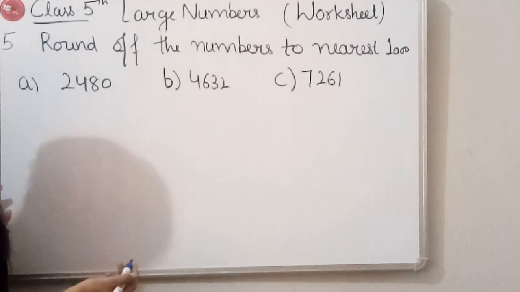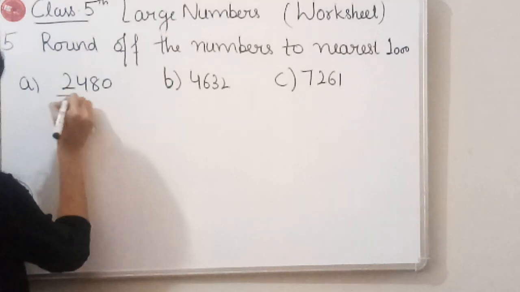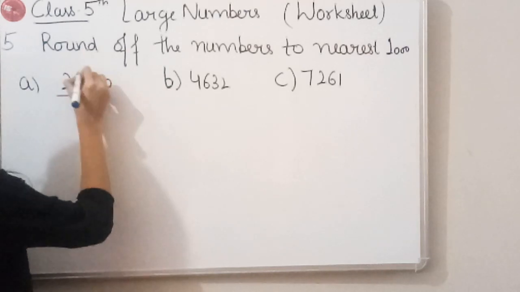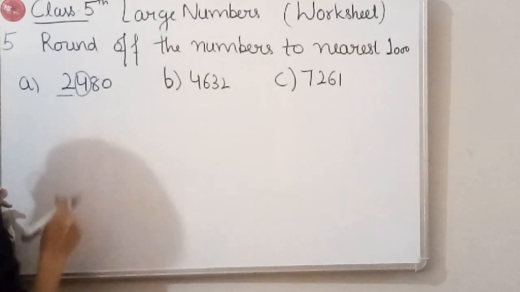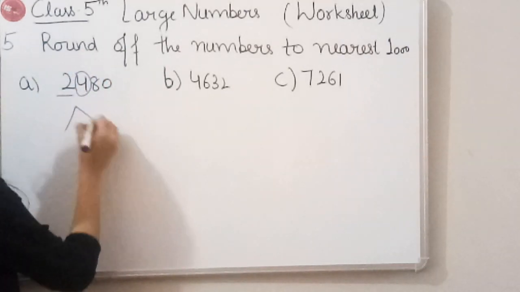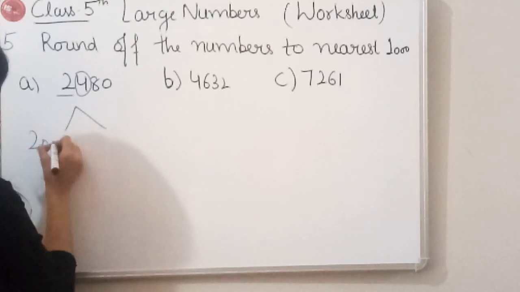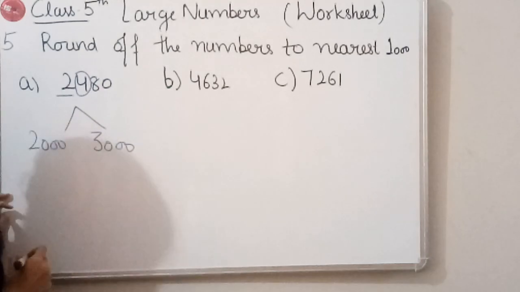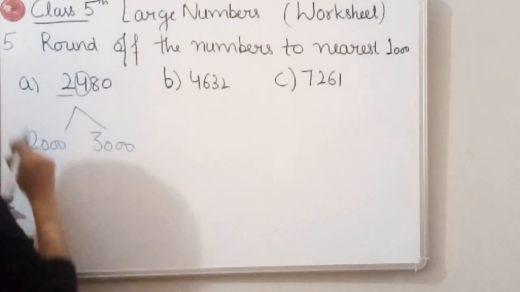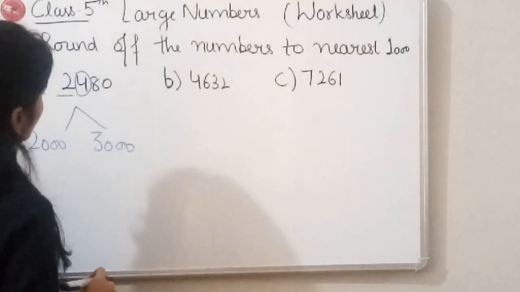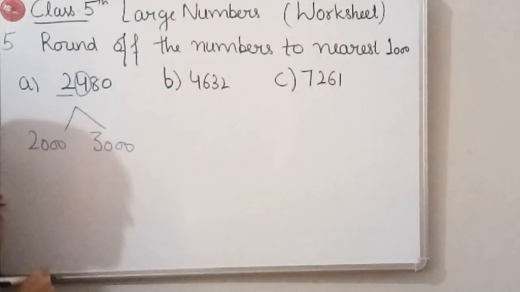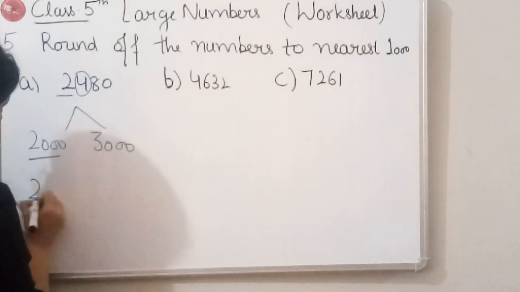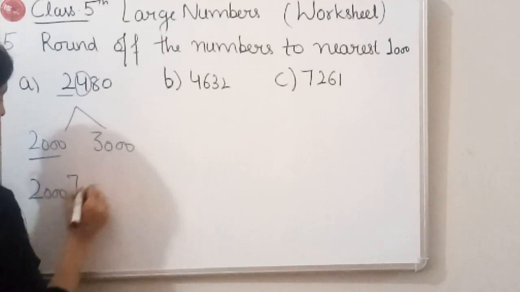So for that we will underline the digit which is on thousands place, and we will highlight the digit which is on its right. Now we should know where this lies. It lies in between 2000 and 3000. Now we have to compare this 4 with 5. This 4 is less than 5. So this will be rounded down to 2000.